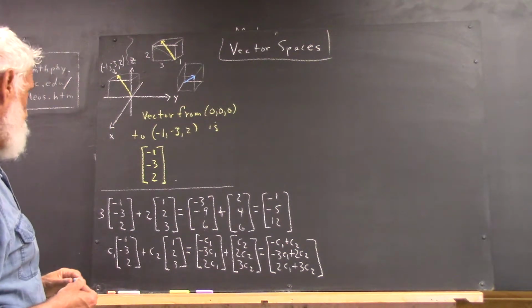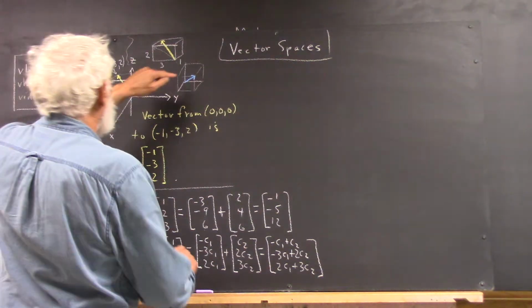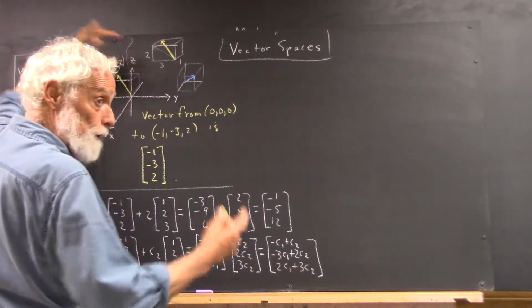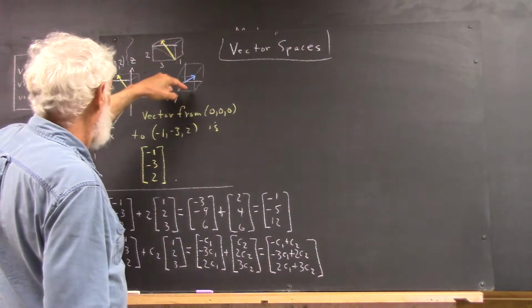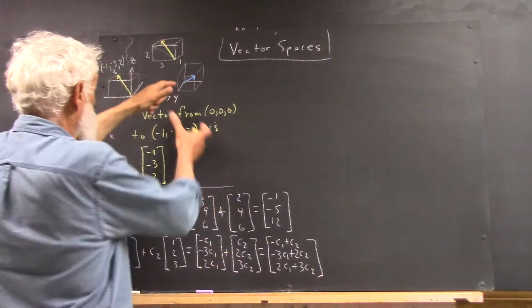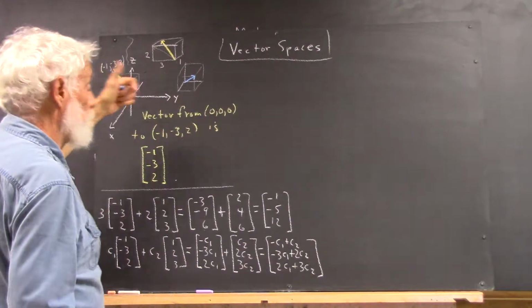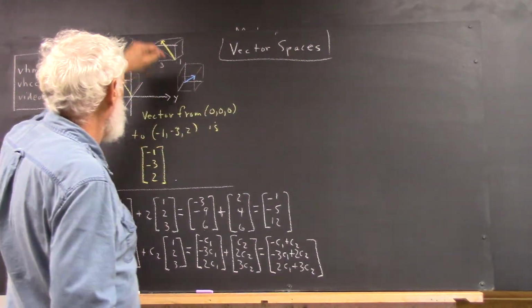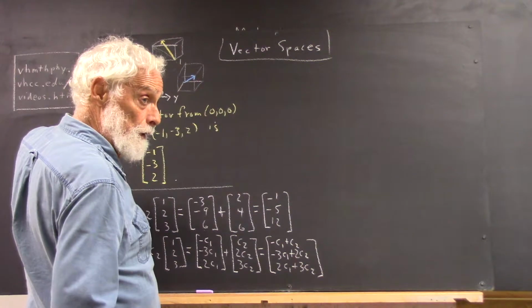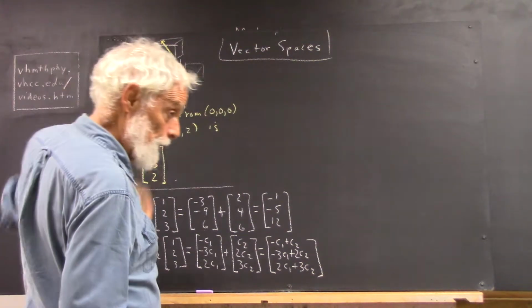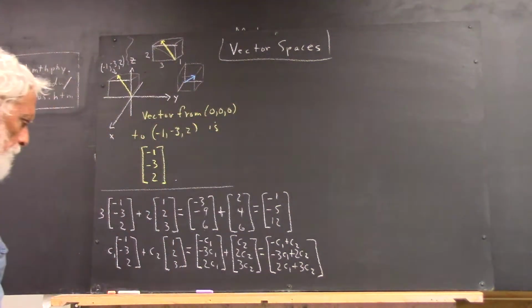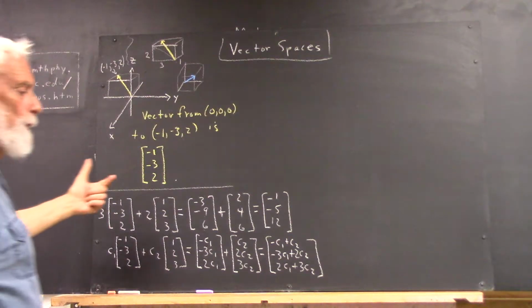Okay? So if I took 3 times this, I could draw a box 3 times as big. And then 2 times this, I could draw a box with twice the dimensions of this one. And I could put those 2 vectors together, the head of the first one to the tail of the second.